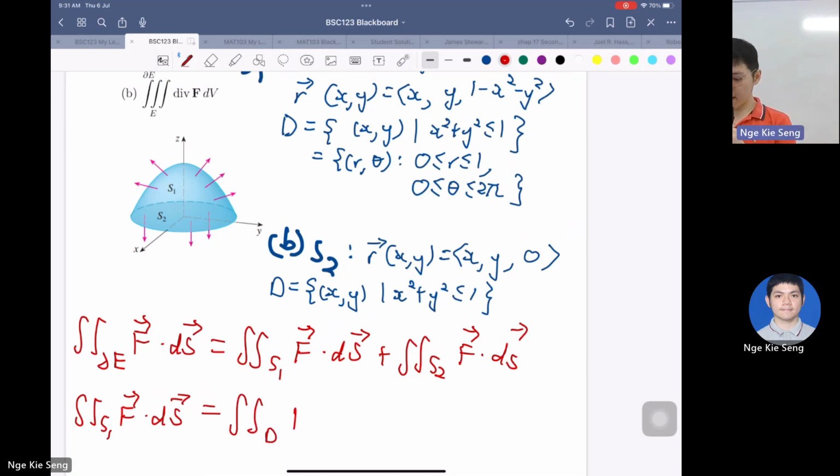We need my F dotted with the normal vector, and then I do dS. Let me think. Not dS anymore. After cancellation, we are only left with dA, right? Before, dS is this, and then we move to dA.